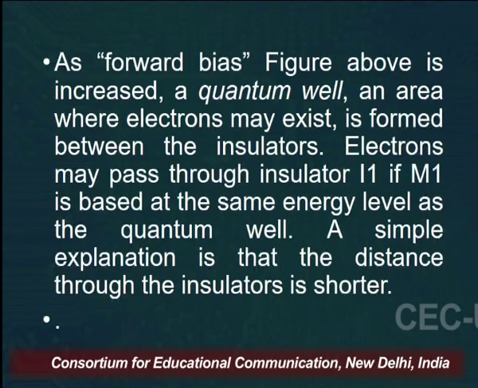A longer explanation is that as the bias is increased, the probability of the electron wave overlapping from M1 to the quantum well increases. For a more detailed explanation, we can further go through these devices.